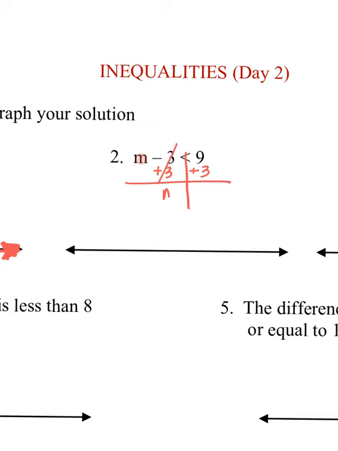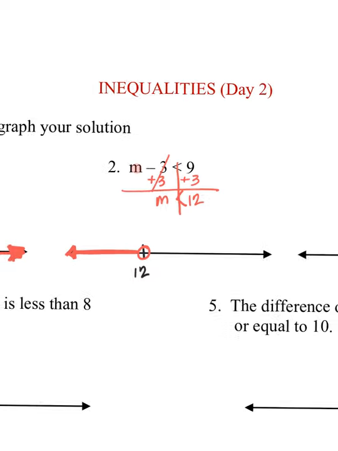That cancels out, and we have m is less than 9 plus 3, which is 12. So again, I can just put a 12 here, and my circle, and this time m is less than, to the left, less than left. So my graph would look like that.